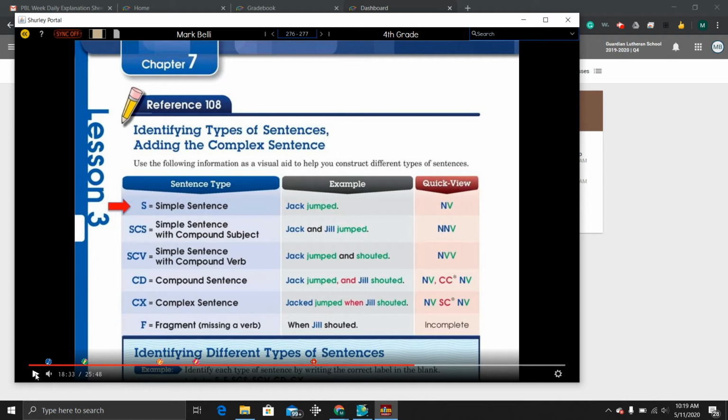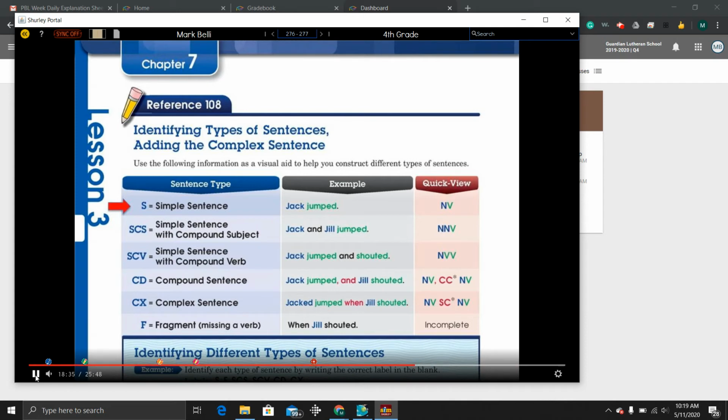Okay, we've already covered most of these. The only thing that we're adding to this is the complex sentence. Now, we haven't done a whole lot with compound sentences, but complex sentences we have. Okay, remember a complex sentence has two thoughts that are connected by a conjunction.